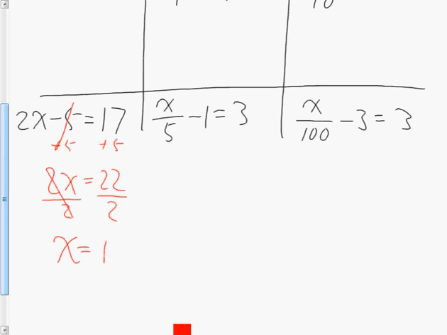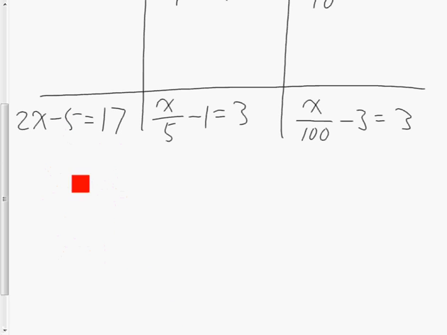X will equal 11. Now what you should always do once you've solved it is go back and try that inspection thing again. So if I treat this x as 11, then 2 times 11 is 22, and 22 take away 5 is 17, so it works. By inspection, or by substituting that x for 11, it works.